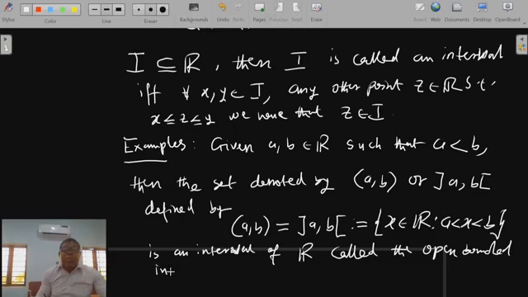The open, or called an open bounded interval. Let me use, for some reasons, the indefinite article, an open bounded interval, for some reasons.